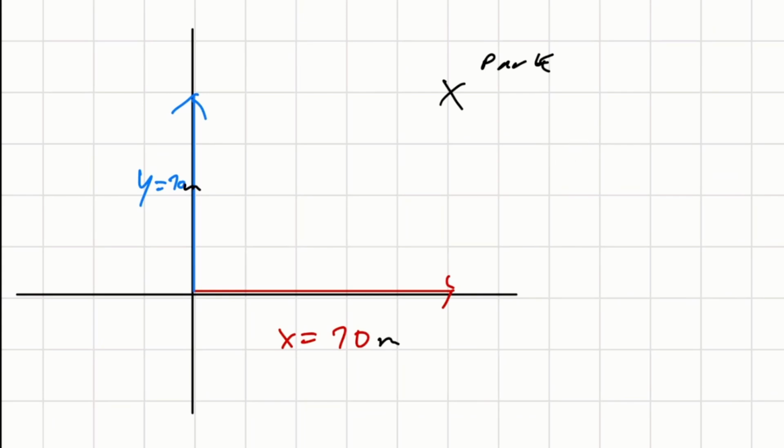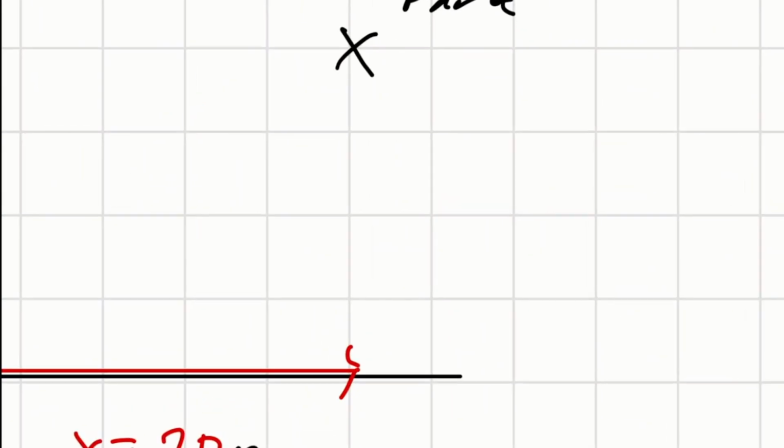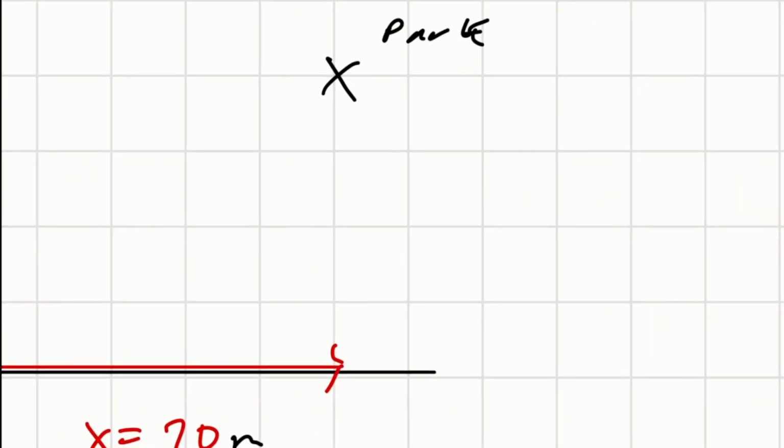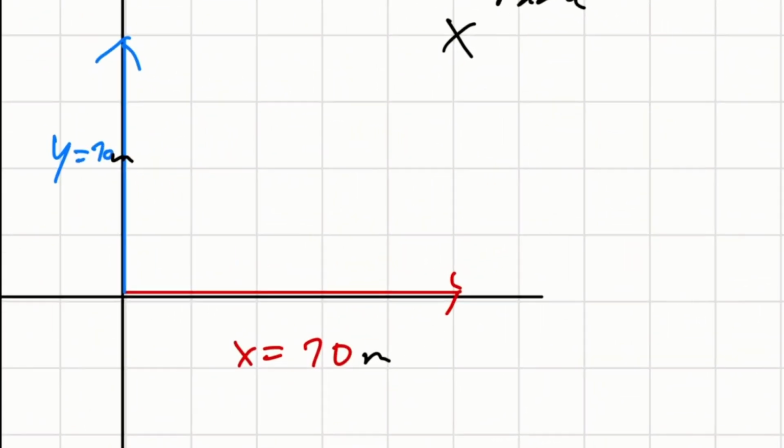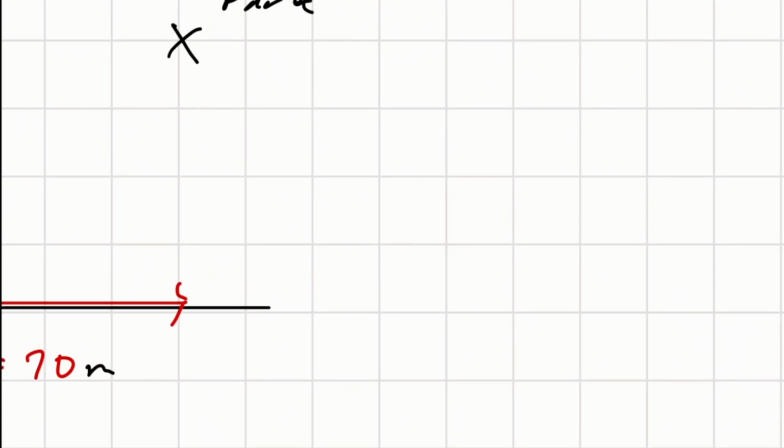Okay, 10 meters is maybe a bit bad, let's say 10 kilometers or something like this, but just for the idea, 10 meters. So 10 meters to the north, and then 10 meters to the east.